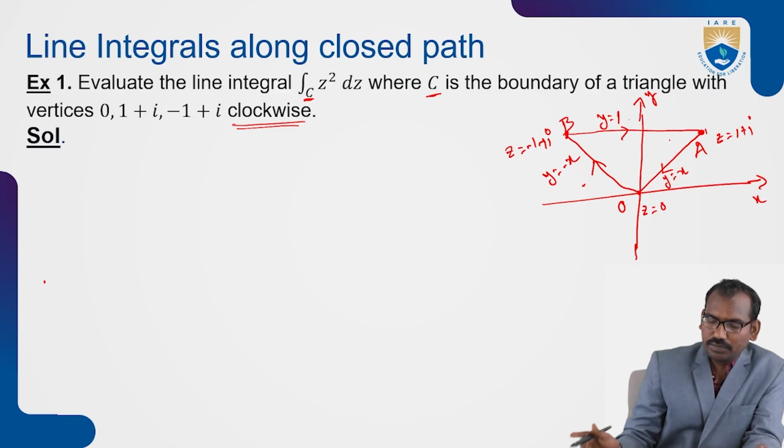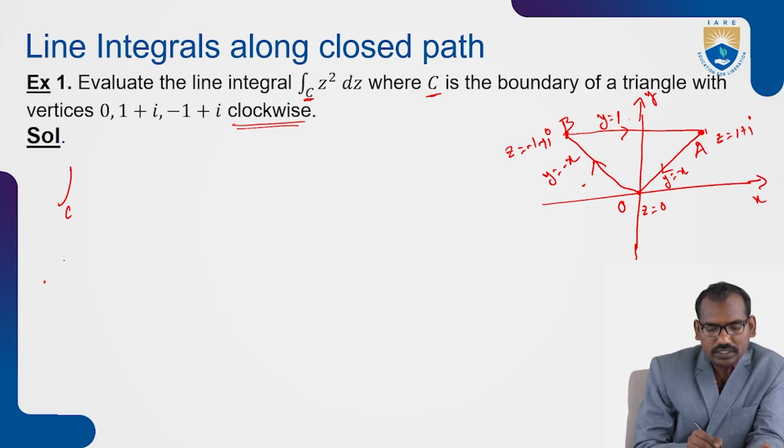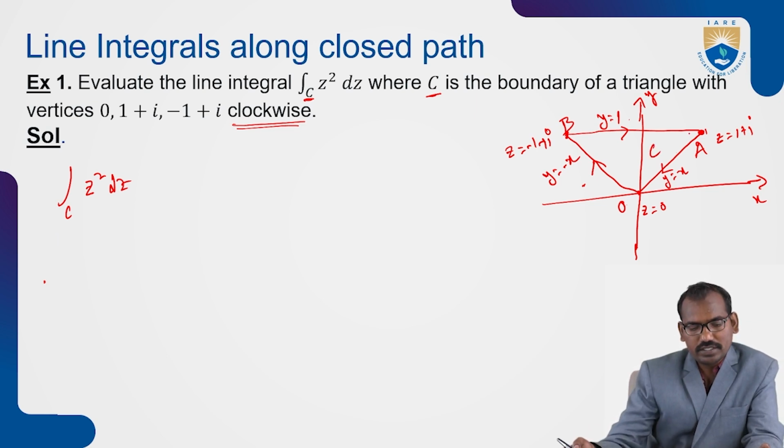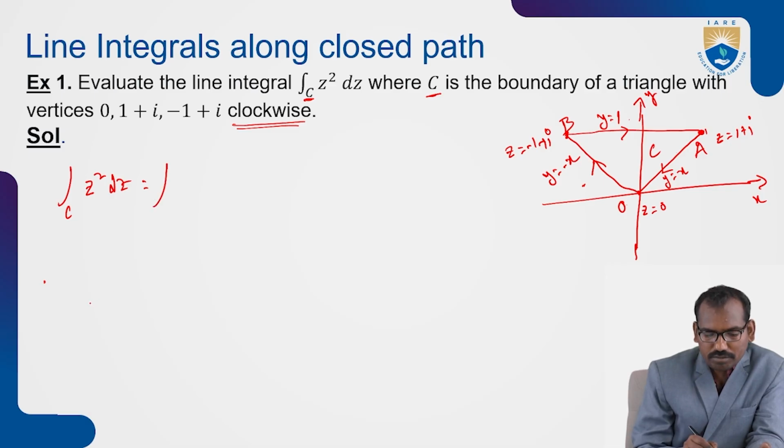In this problem, we have to perform integration along this closed path. So integration over C of z square dz, where this triangular path is C, I can write as the integration starting from O, then moving to B, A, then O, of z square dz.